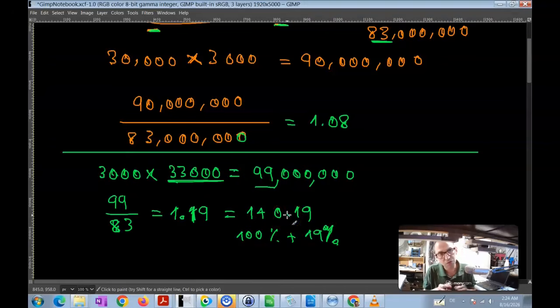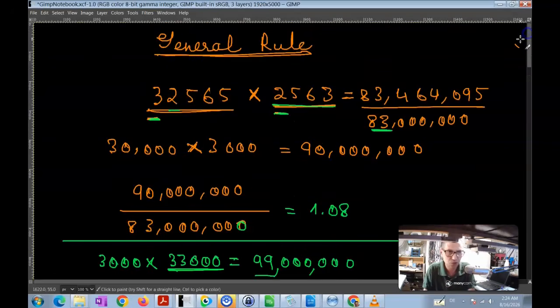So it's not always helpful to round your numbers to a smaller place value, but in some cases of course it's going to be helpful, right?